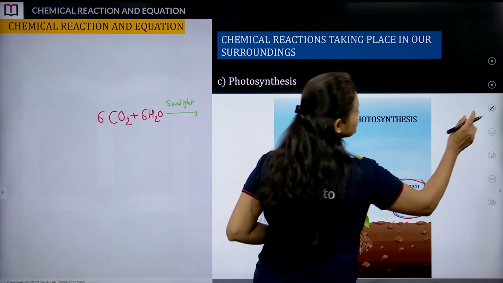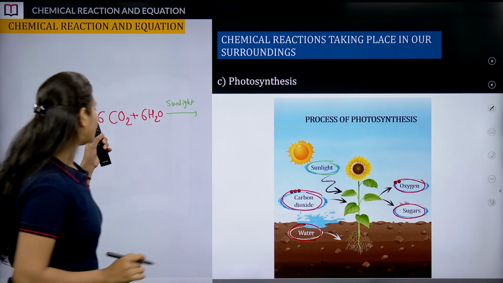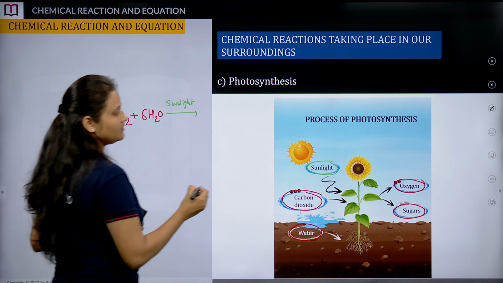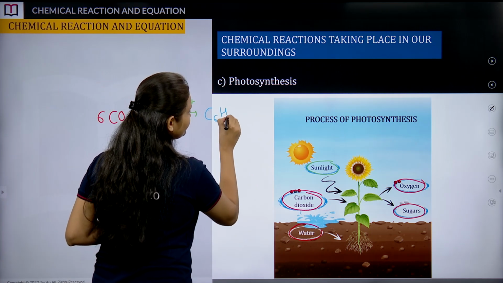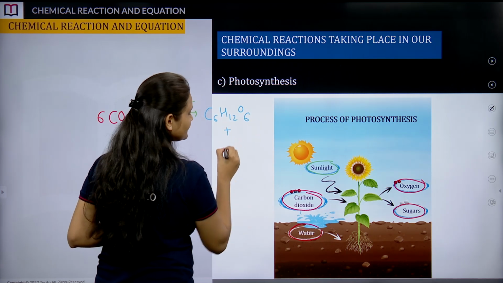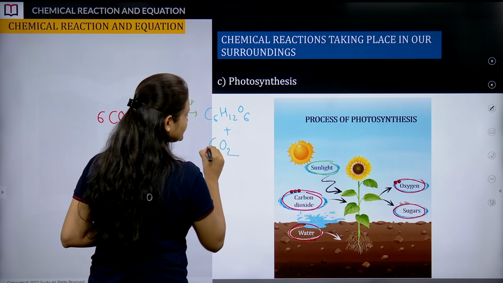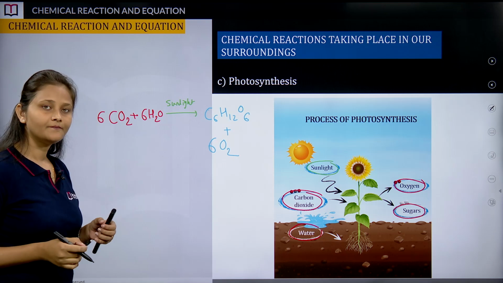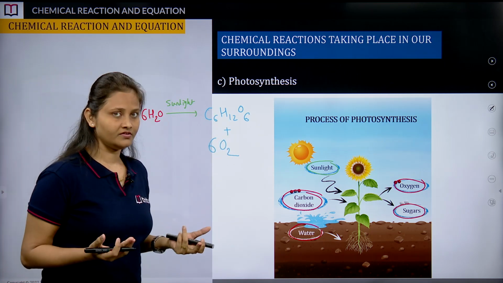What are the products? What are these two things, carbon dioxide and water, giving us? They are giving C6H12O6 plus a different thing, that is oxygen, 6O2, right? This is a sugar, and this is your oxygen.